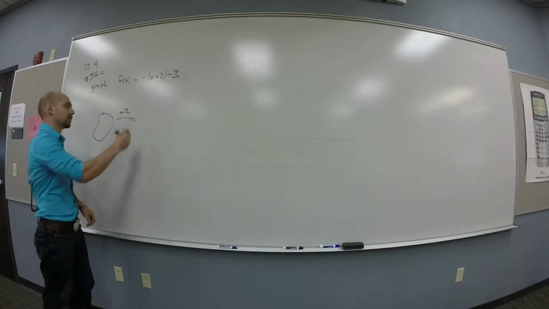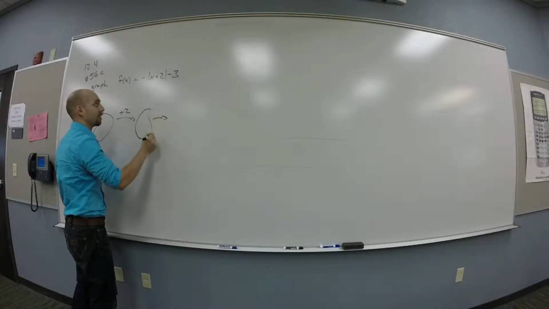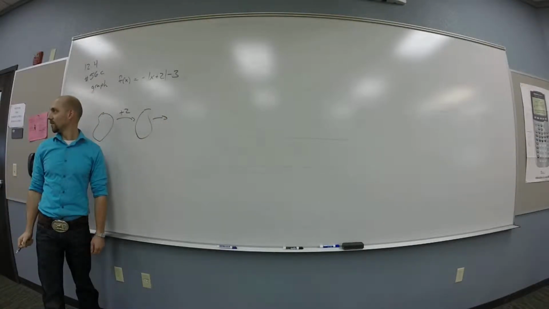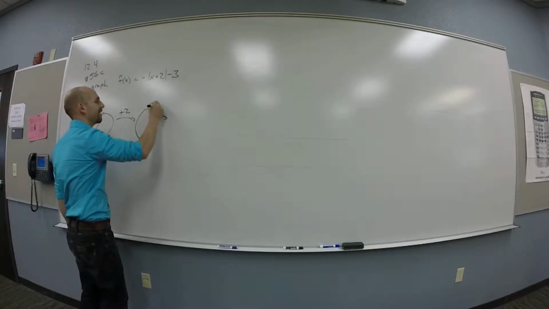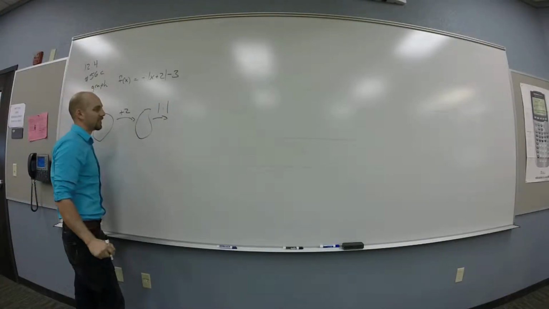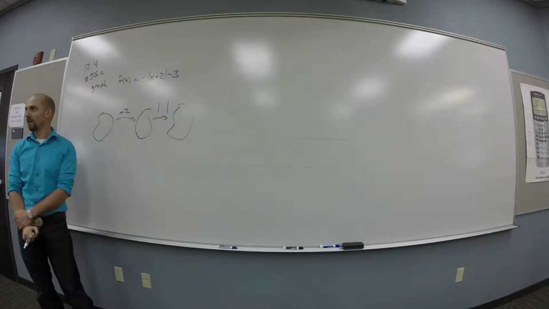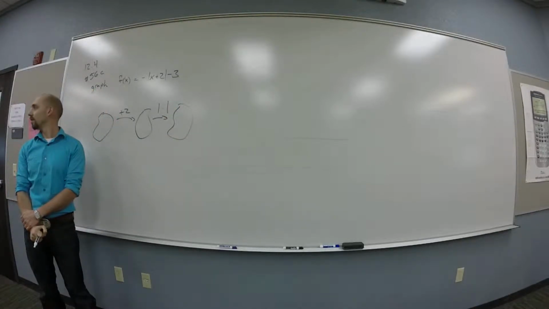Then what do I do to the result? Absolute value, which is 2 plus 2, right? So I take the absolute value, then what? It's always positive, but you have a negative in front of it.